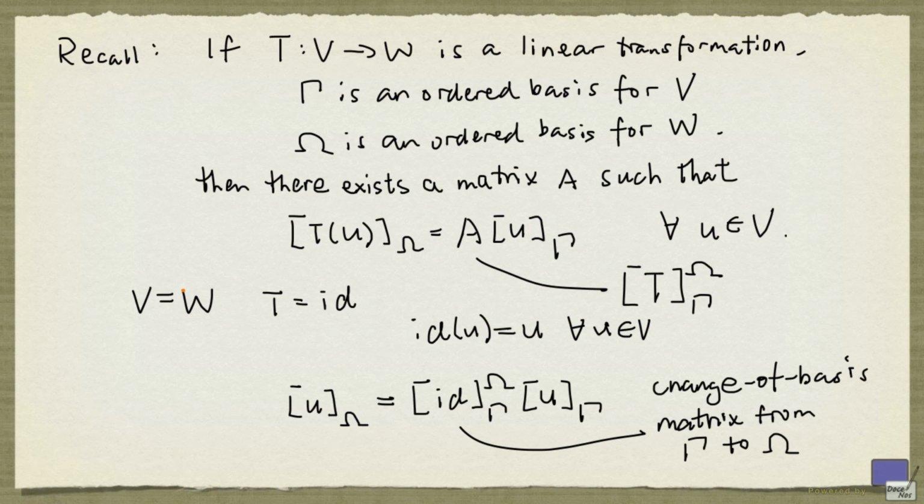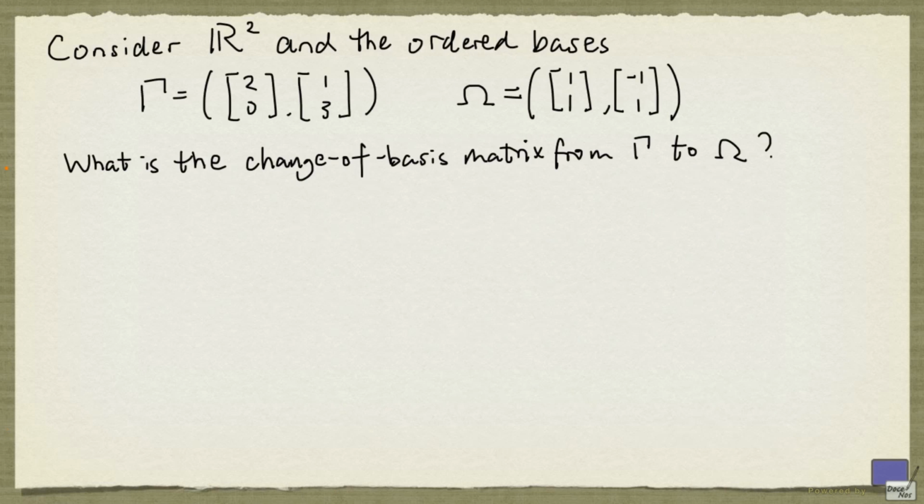So we'll now end with an example. Suppose that the vector space we're looking at is R2, and we're given the following ordered basis. What is the change of basis matrix from gamma to omega? What we need to do is, we need to write each of the vectors in gamma as a linear combination of vectors in omega.